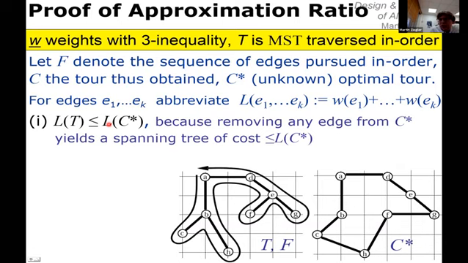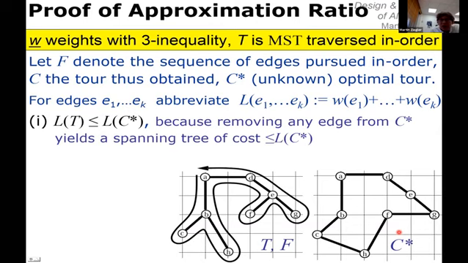So when we take the unknown but optimal cycle and remove any edge, there's going to be a spanning tree, and therefore its cost must be at least as large as the cost of a minimum spanning tree, right? A minimum spanning tree has by its very definition cost less or equal to the cost of any other spanning tree. On the other hand, if we remove an edge from the optimal cycle, the cost of the resulting spanning tree will only decrease.